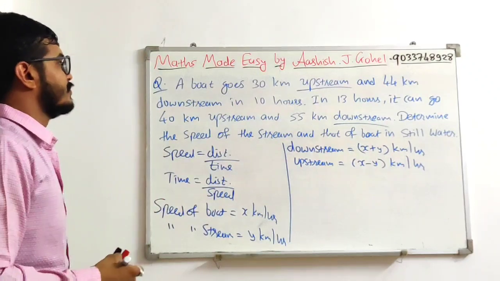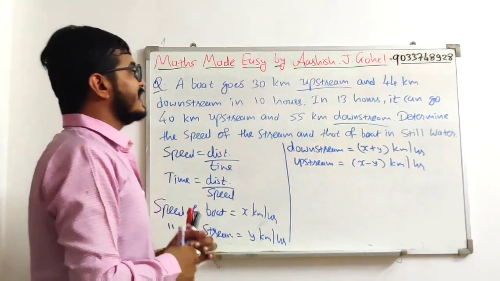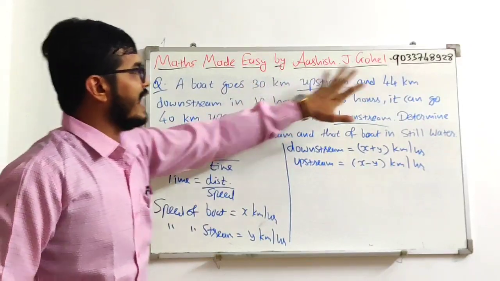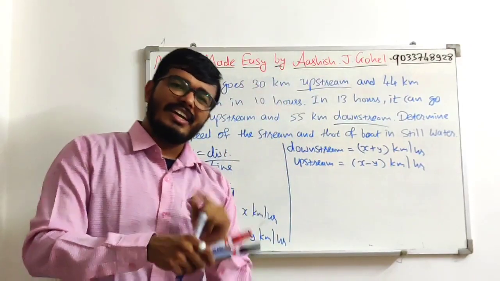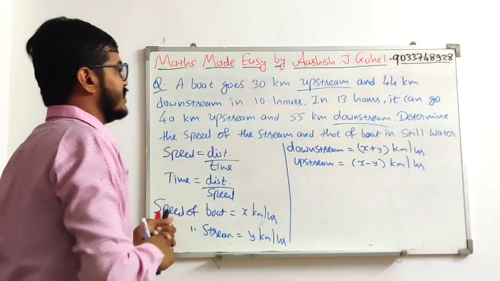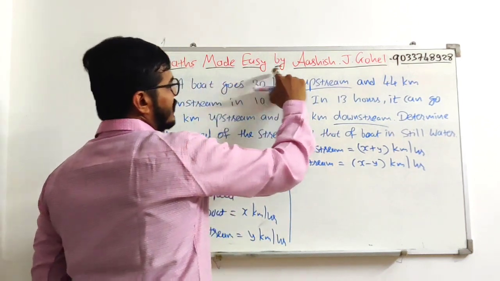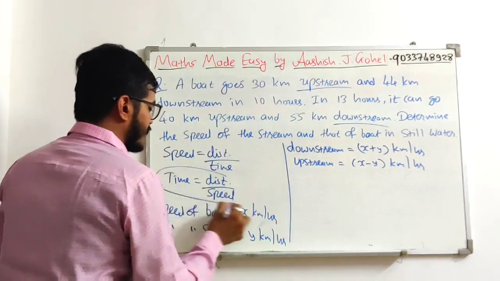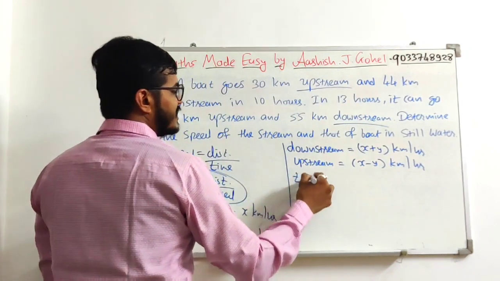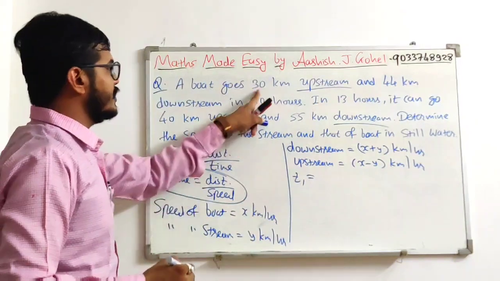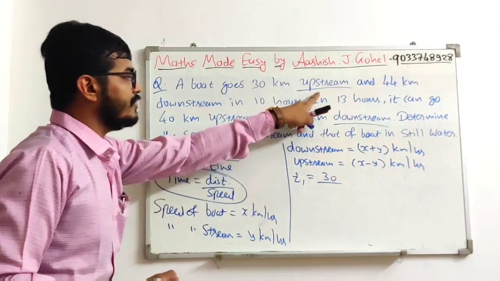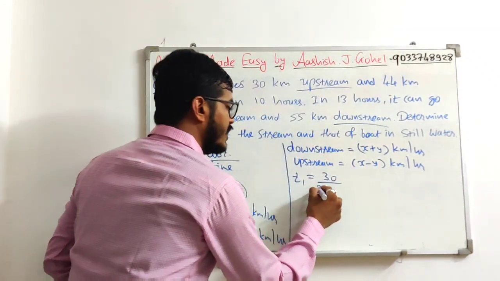Okay. Now let us take the time taken to go upstream and downstream as T1 and T2. So first thing, if a boat is going 30 km upstream, then T1 as time will be distance covered, 30 km, divided by the speed in upstream, which is how much? x minus y.